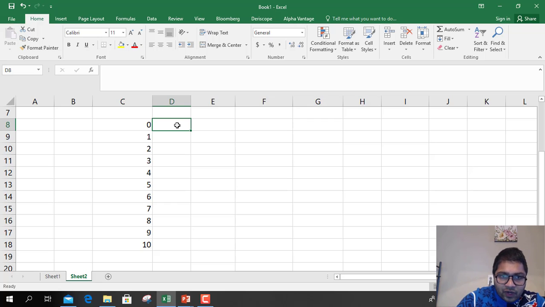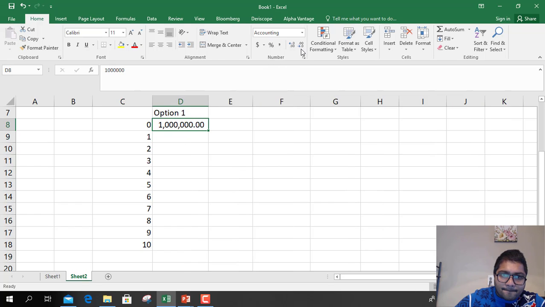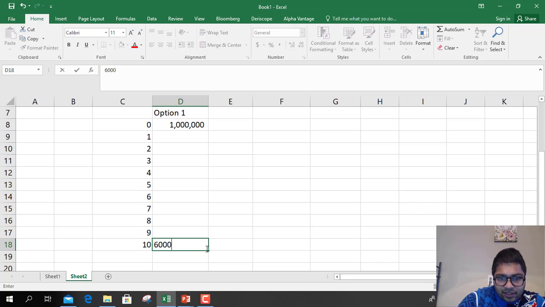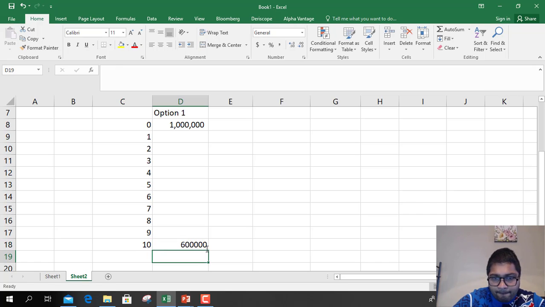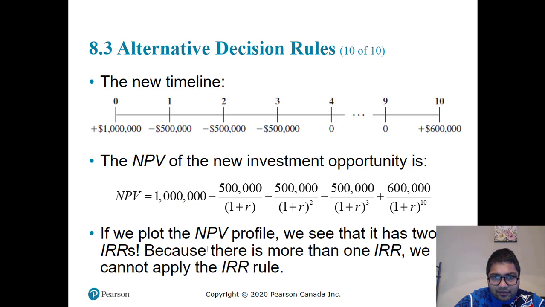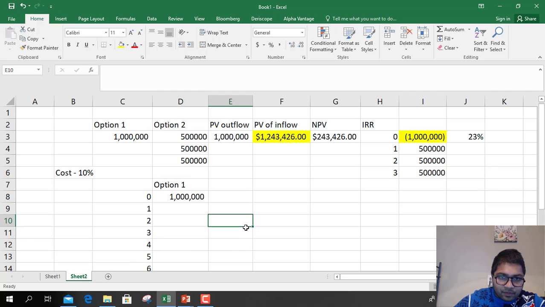Now option 1 is $1 million here, and $600,000 here, and 500,000 till year 3, sorry.